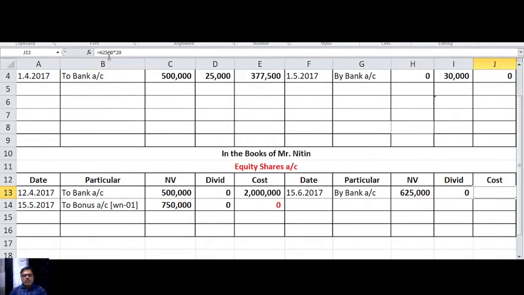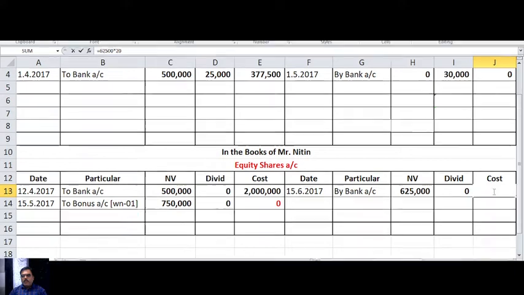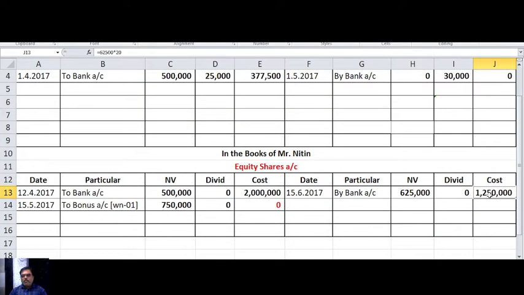Cost is 62,500 multiplied by 20. See this, 62,500 multiplied by 20. That comes to 12,50,000. And dear student, remember, these are the shares that he sold out of bonus. So for bonus, the cost is what? Nil. So whatever the selling price is nothing but your profit.